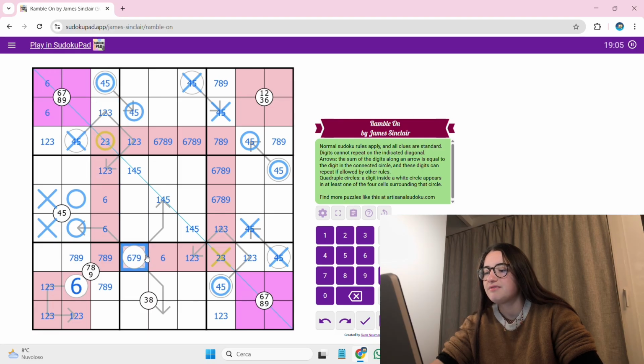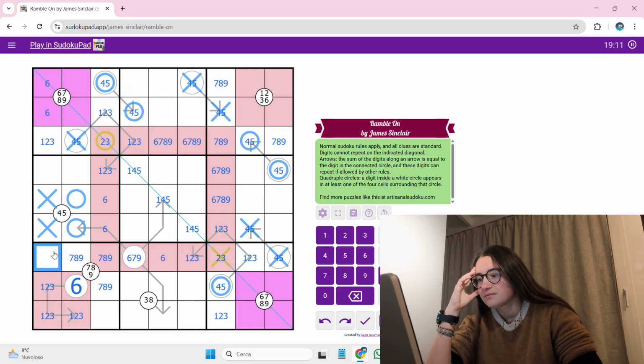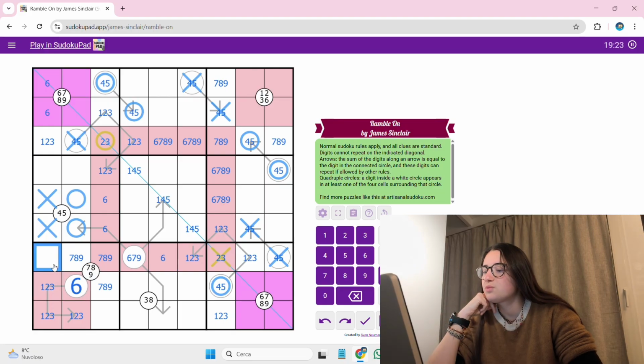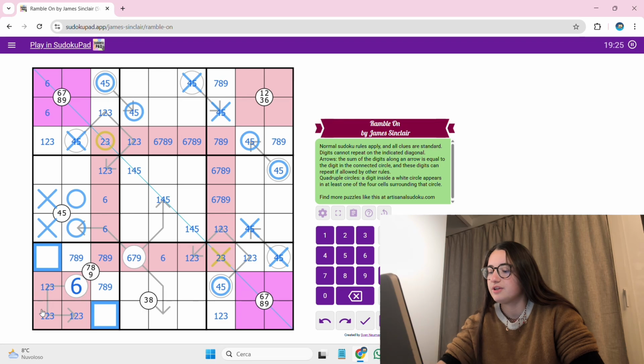So this can't be 5. This can't be 5. Also, the 5 must be another of this. 4 and 5. No, it could be here as well, I guess. In fact, we are missing 4 and 5 here.